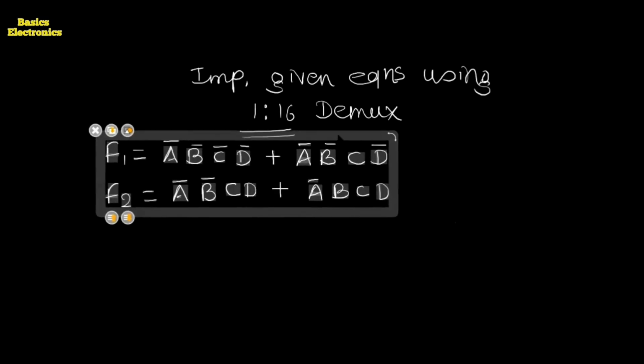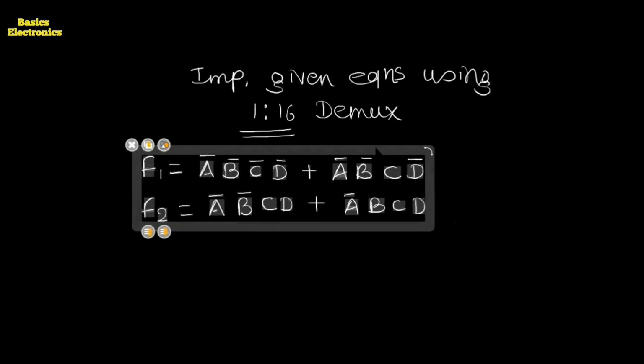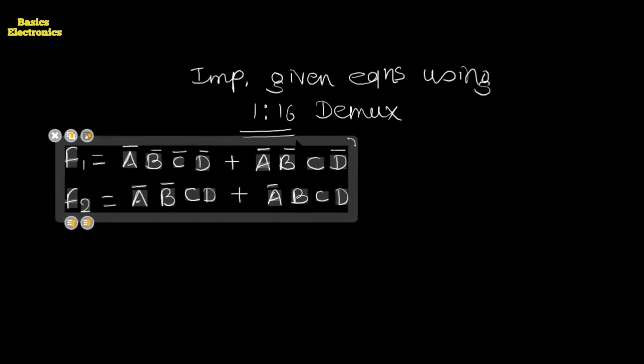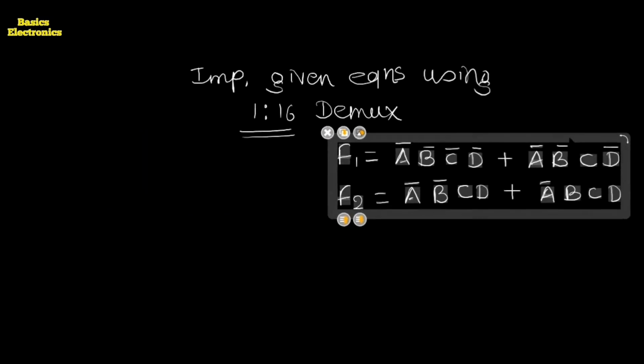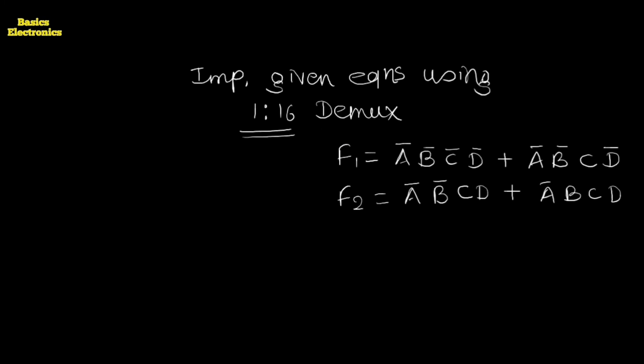When we use the decoder, there is no data input line, whereas the demultiplexer has a data input line. That data line we denote by the letter D.